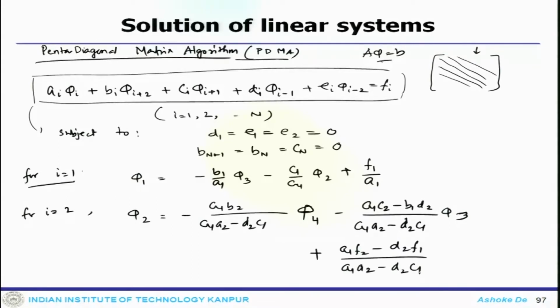So essentially you put the values of i in this equation, and then you start obtaining the individual ones.